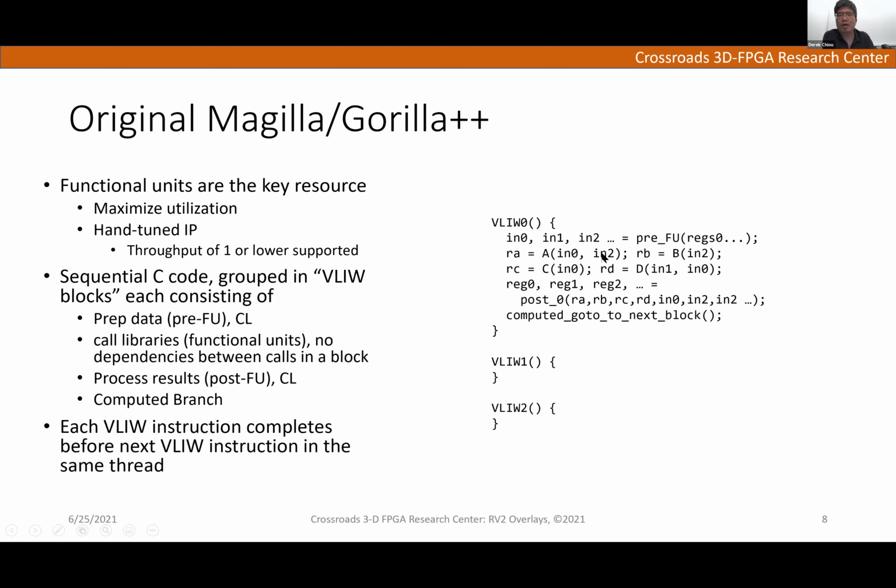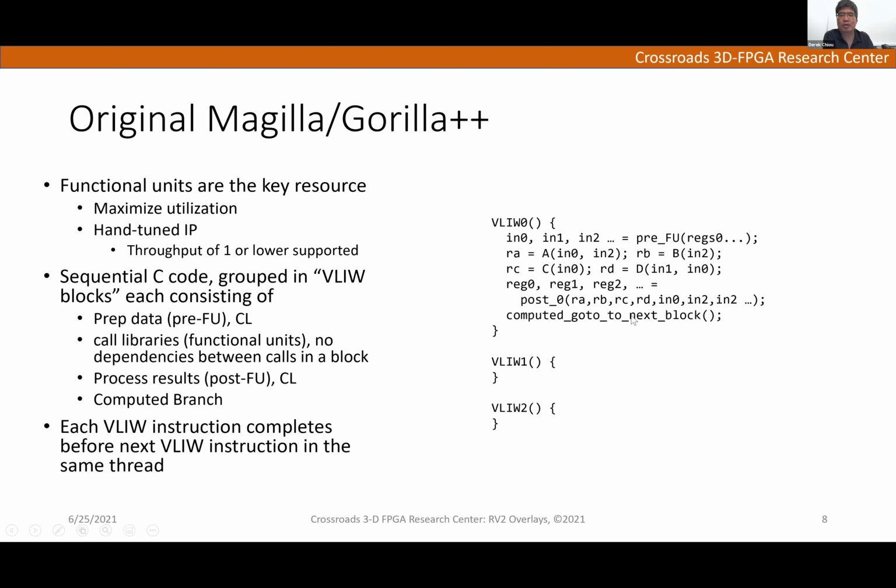Then I call my functional units, in this particular case 4 of them, with some set of the inputs that I computed, and I can also use registers from variables I computed in the past. Then I would post-process and write back to the particular registers that I want to keep. And then I would have a computed go to the next block, right?